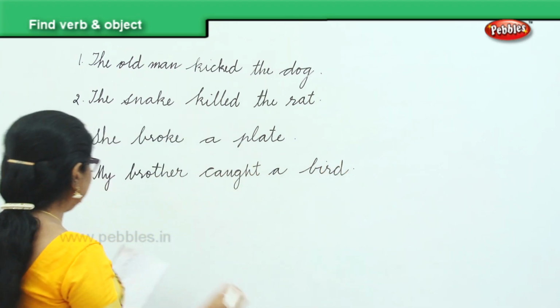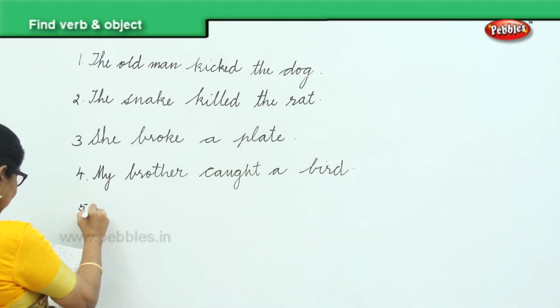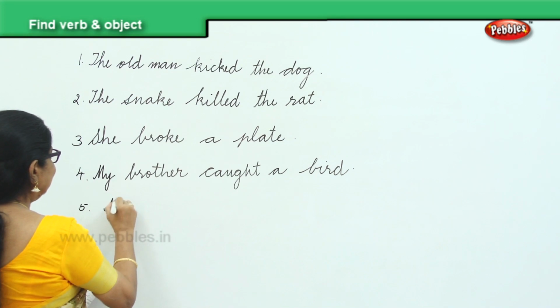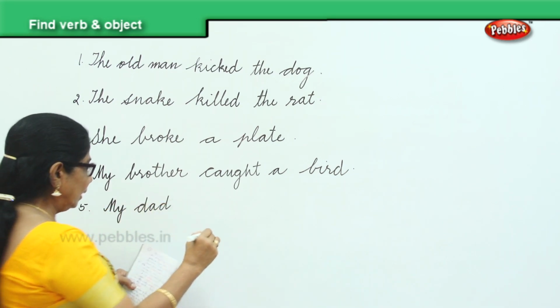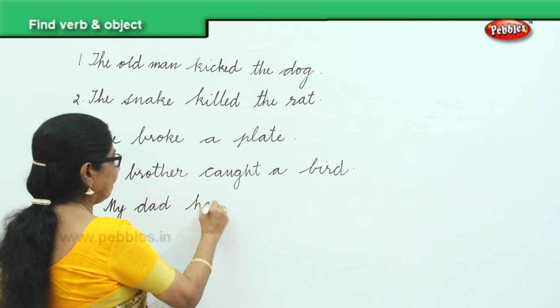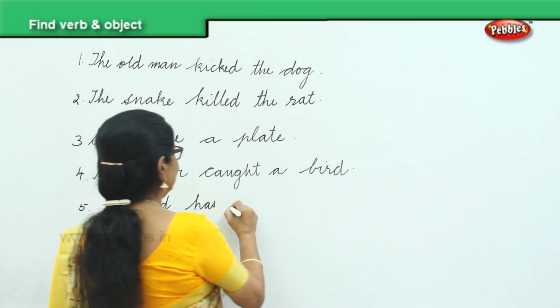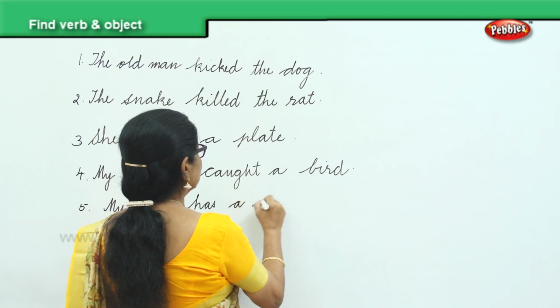And finally, I have another sentence. My dad has a dog.